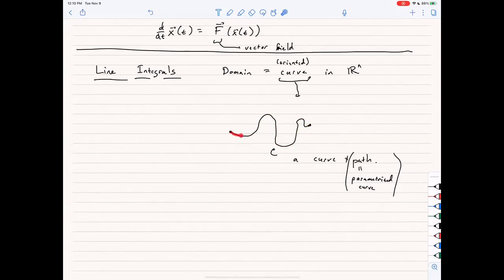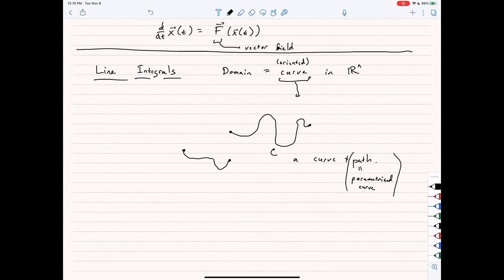So there is a sort of unique path that moves at unit speed in one direction. But if we don't orient it, we have another one. And if we had a closed curve, we don't actually have uniqueness there either, because we could start at any point. A curve also doesn't have to be connected. A curve could have a couple of different components that are disconnected. Then we have more options.